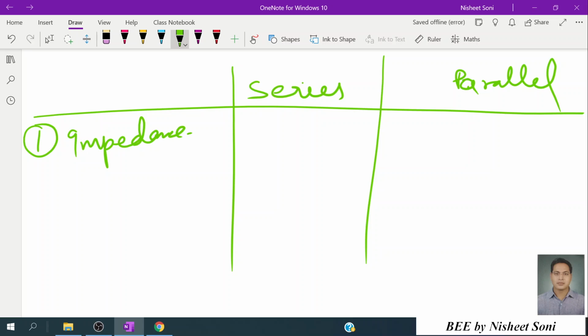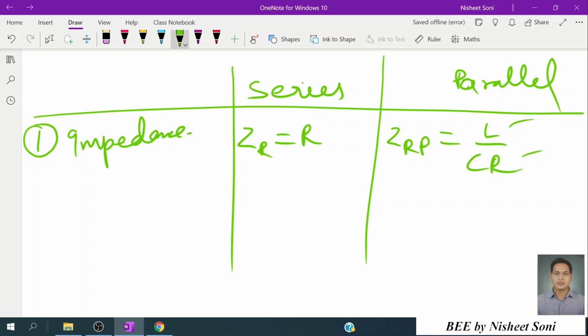In case of a series circuit, the impedance is very low, that was simply R. In parallel resonance, it is maximum. I would write ZRP, the impedance under parallel resonance condition, and it will be L by CR. You can see that in L by CR, no frequency term is associated, only L, C and R, so it will be resistive only, and the unit of ZRP will be ohms.